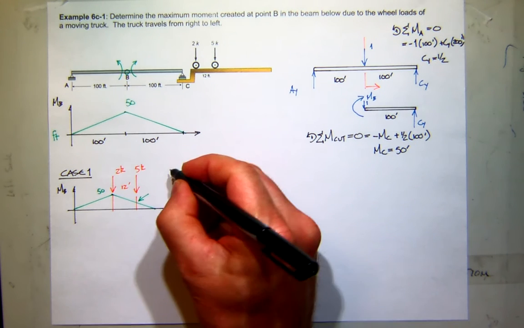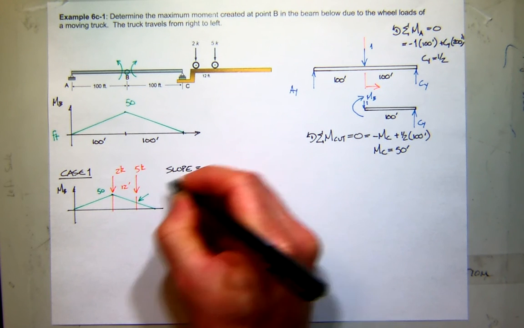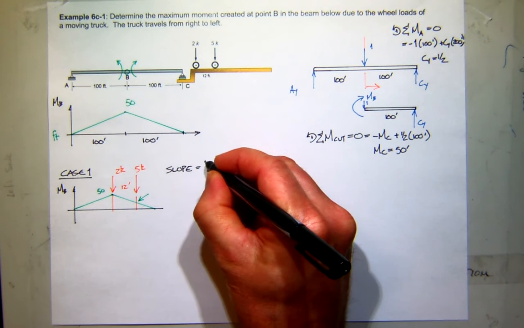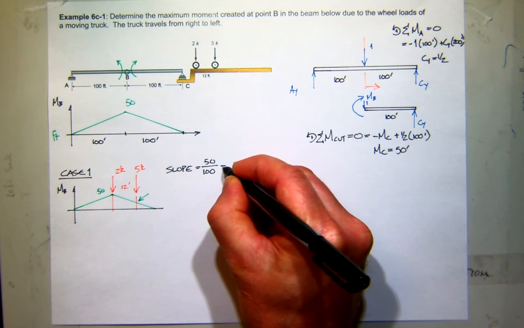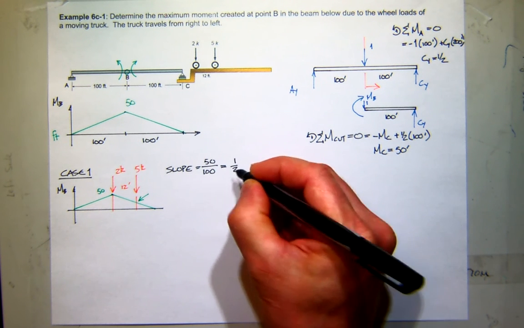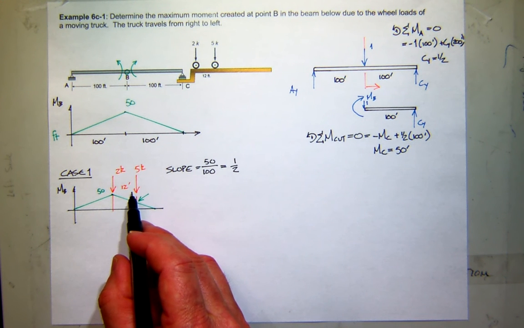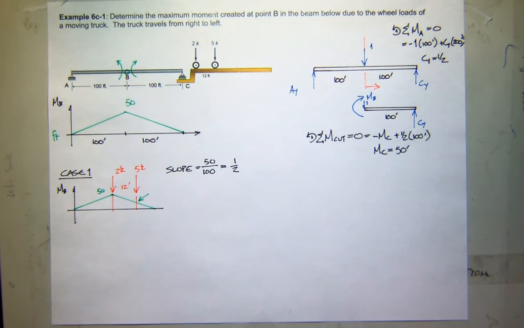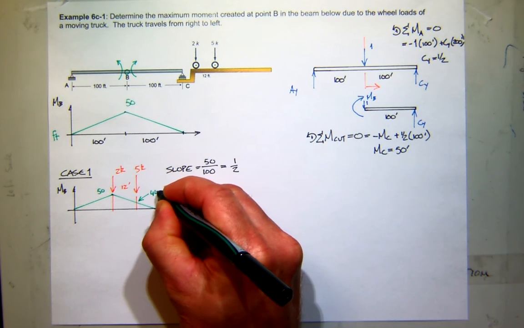Let's just do a quick calculation. The slope of that line is rise over run. That's 50 divided by 100. So the slope is a half. So every foot I move, I drop a half. I move 12 feet, I drop 6 units, right? So this should be 44.